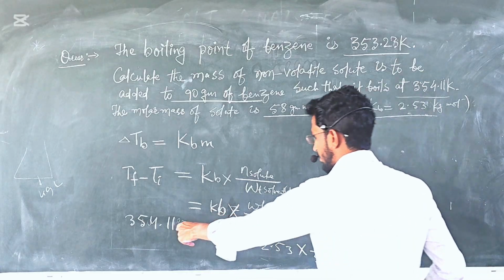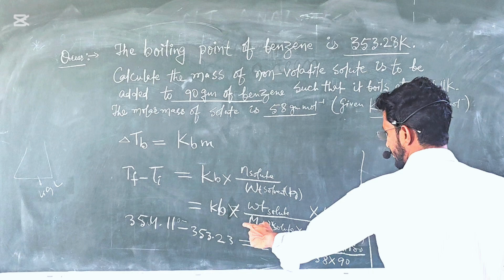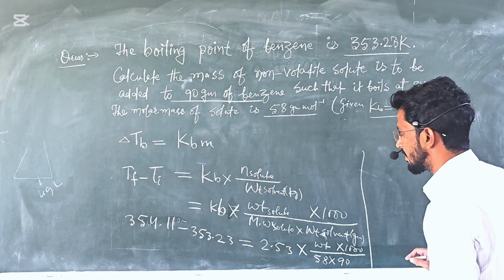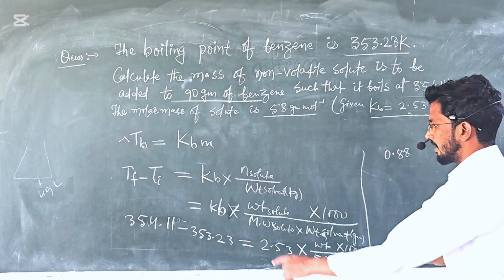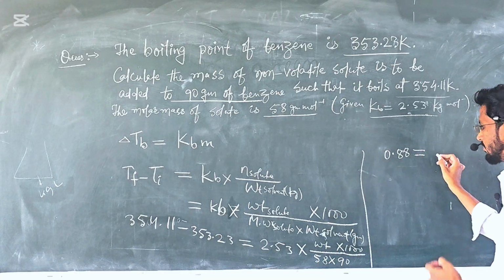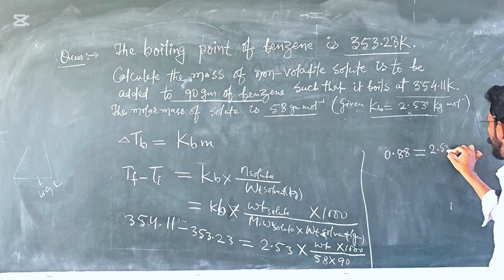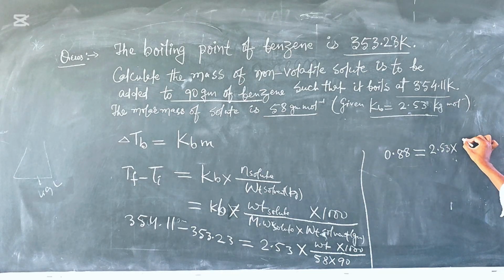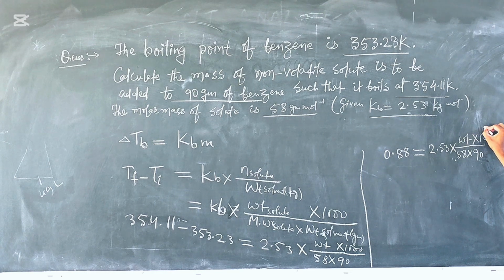If we subtract 353.23 from 354.11, the answer is 0.88. So 0.88 is equal to 2.53 multiplied by weight upon molecular weight, which is 58 into 90, multiplied by 10 to the power 3, that is 1000.